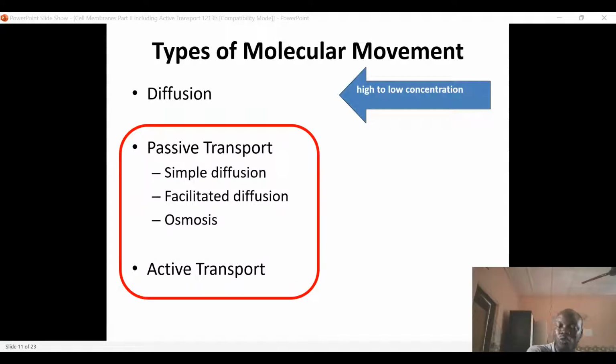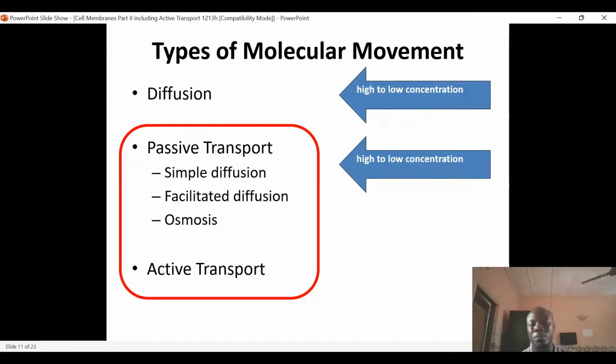The concentration of glucose in the blood is high, while inside the cell it is low. So the movement of glucose from the region of higher concentration to the region of lower concentration, into the cell, is what you call diffusion.